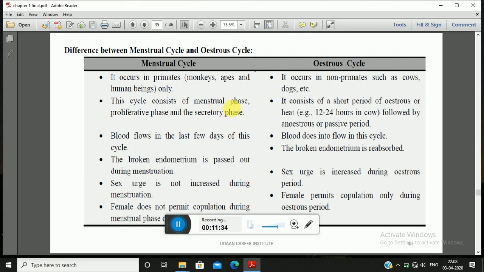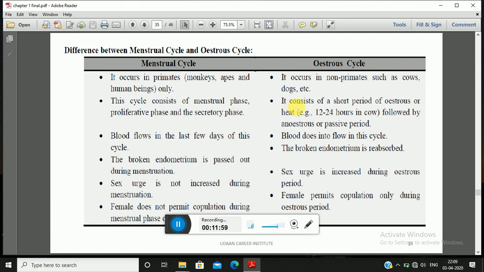The first one is the menstrual phase, during which there is loss of blood, followed by the proliferative phase, during which there is proliferation of the endometrium, and the last phase is the secretory phase, where the majority of the substances, hormones, are secreted.